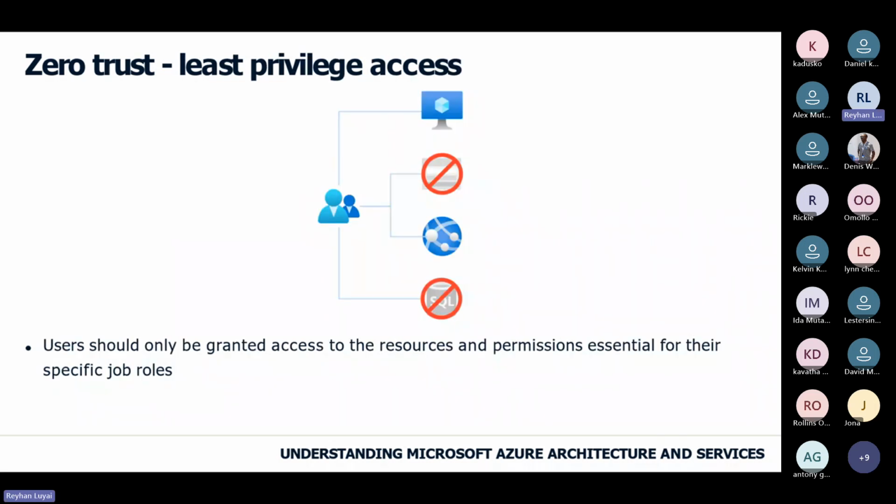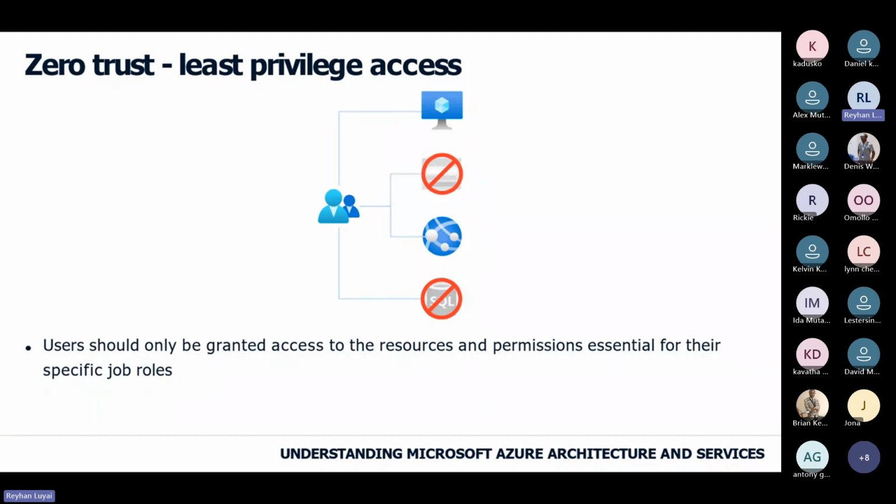And number two, we have least privileged access in the zero trust model. It means restricting user access by using risk-based adaptive policies and data protection measures.